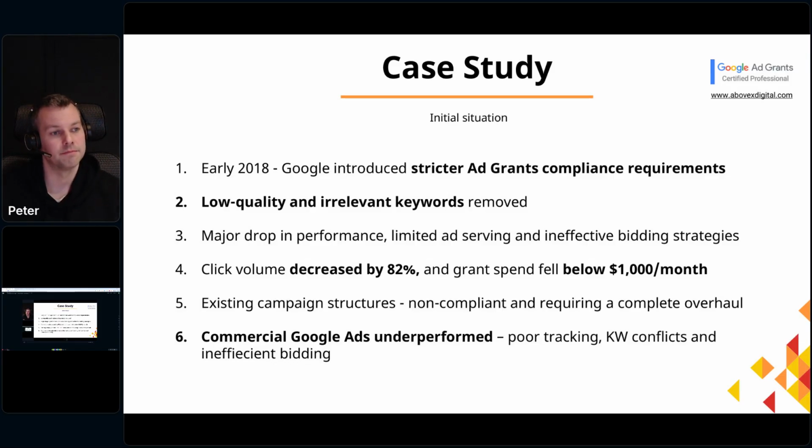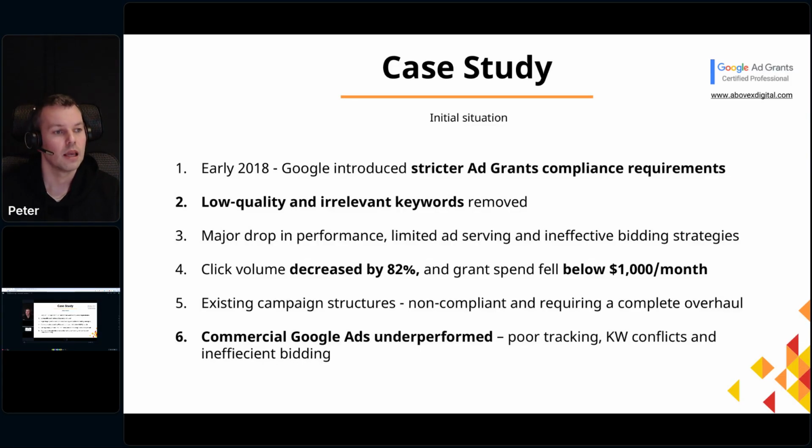And we've been working with them since 2018. And actually, just a few months before we kicked our collaboration off, Google changed those compliance requirements. They introduced stricter compliance requirements in early 2018, and that hit them quite a bit. Their grant account hasn't been performing very well ever since.